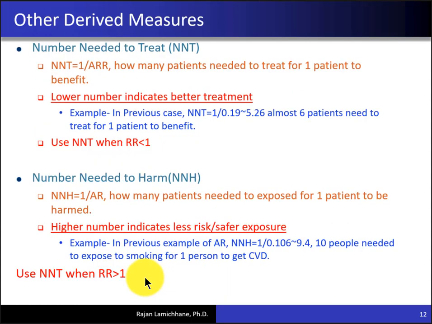Then if you divide 1 by this, you will have number needed to harm, or NNH. This means 10 people need to be exposed to smoking for 1% to get coronary heart disease, cardiovascular disease. And you use NNH only when relative risk is more than 1.